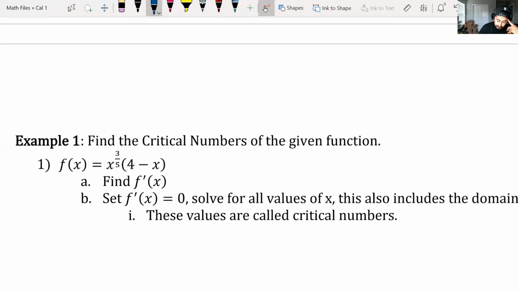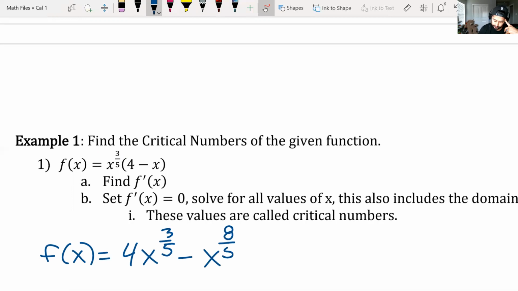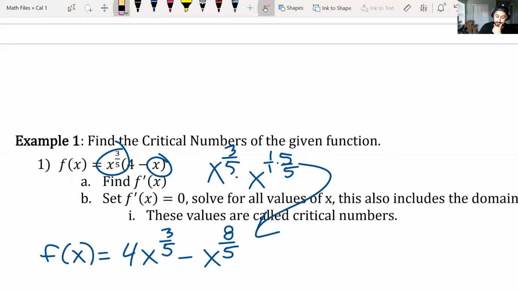So I get f of x equals 4x to the 3/5 minus x to the 8/5. That's because when you multiply this x and that x, that's x to the 3/5 times x to the 1st. Make that into 1 over 1, multiply it by 5/5, and you get x to the 3/5 plus 5/5, which gives you x to the 8/5. That's where that comes from.